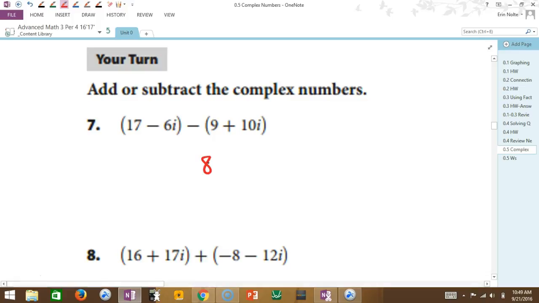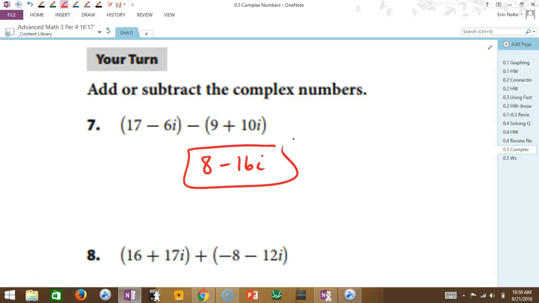Be really careful when subtracting. Remember that if I have a minus in front of anything in parentheses, I have to distribute that negative through, and I'm technically subtracting the 10i. So what is negative 6i minus 10i? Yeah, negative 16i. Don't make those negative mistakes. Be very careful. I can almost guarantee someone in here is going to do it.